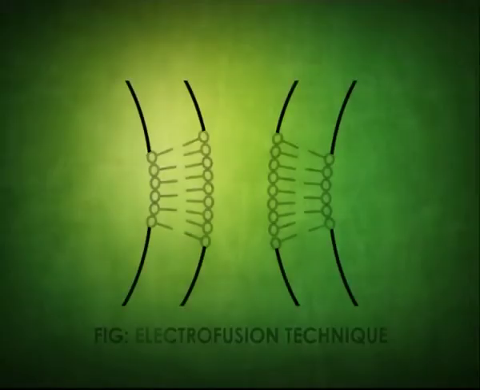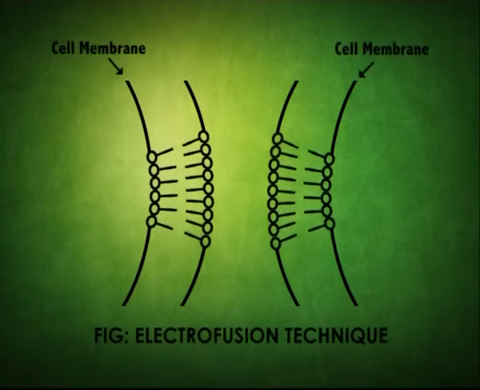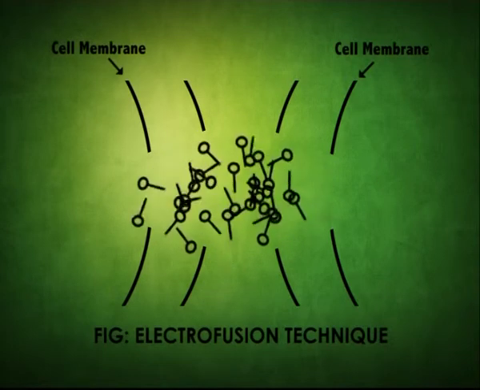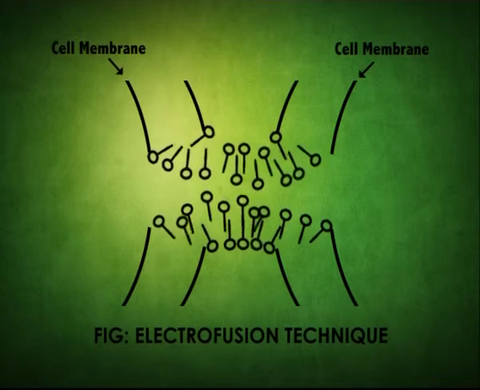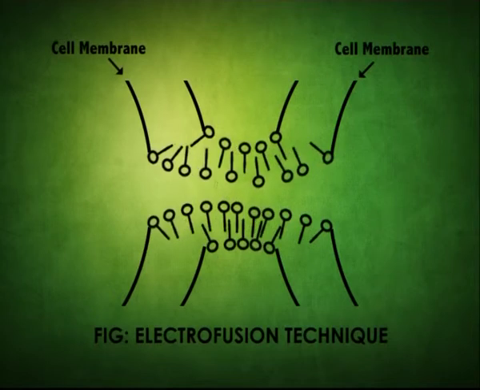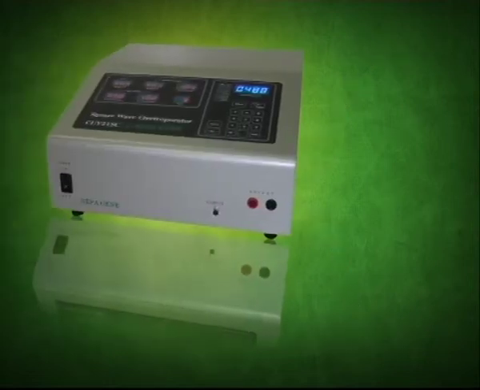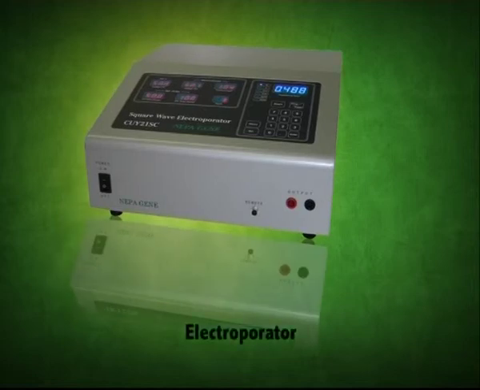The fusion of the contact protoplasts is brought about by a short pulse of high voltage of about 500 to 1000 volt per centimeter for few microseconds. This leads to the breakdown of membranes where the adjacent cells are in contact, resulting in the fusion of protoplasts. The entire operation is carried out in specially designed equipment called electroporator.